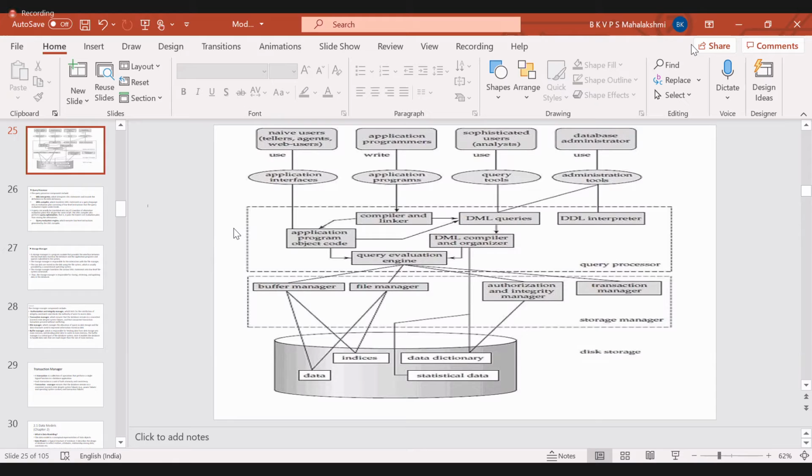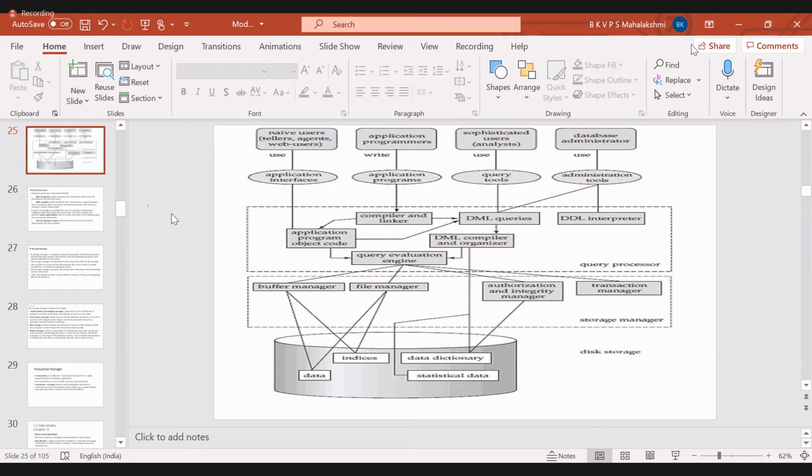But they don't know any technical knowledge. They know only how to use the website. That's it. What we call them is tellers, web users. Sometimes agents also will be there. They don't know anything, but they act as a mediator to advertise your things and all. So these are the different terms that the scientists have used in this structure.